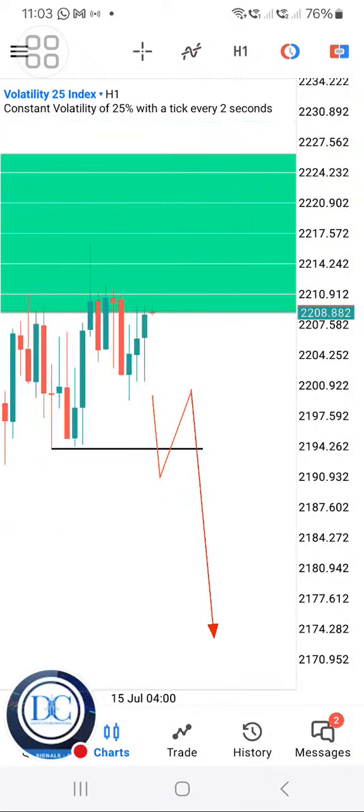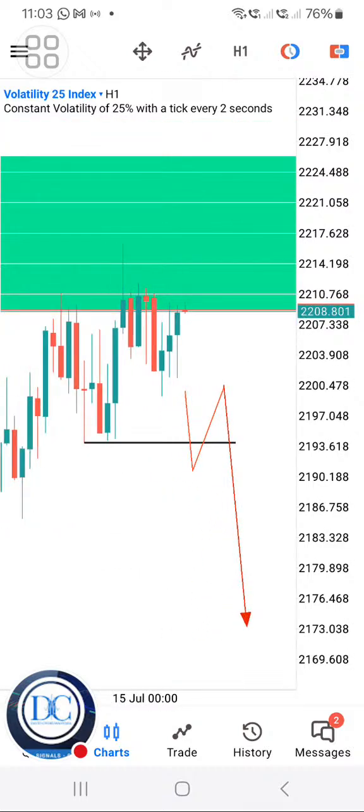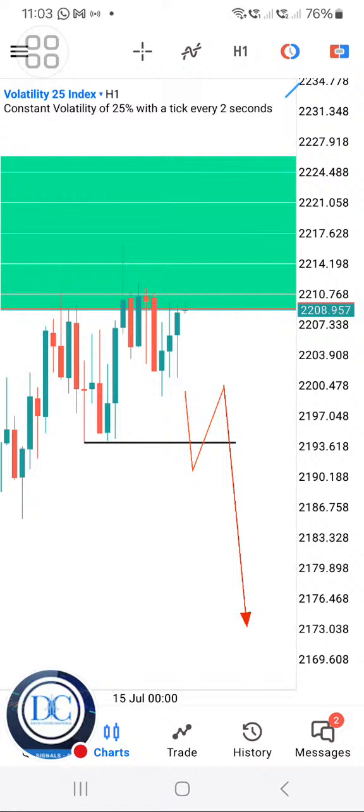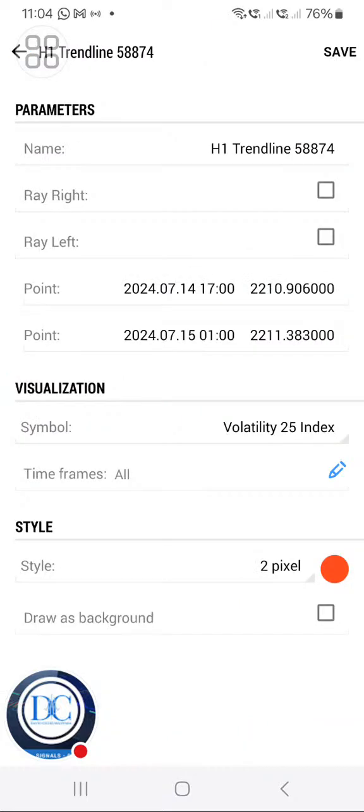I can see price here is already reacting with the order block. This is the order block, but we have here a break of structure. I'm going to be fast. We have a break of structure as price was continuing with its bullish momentum.